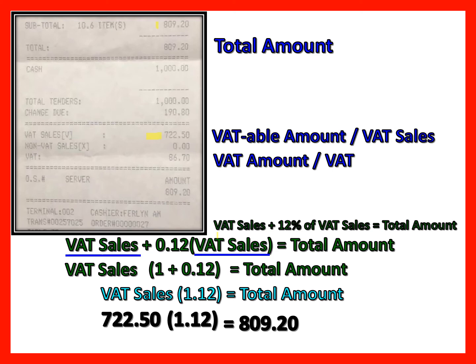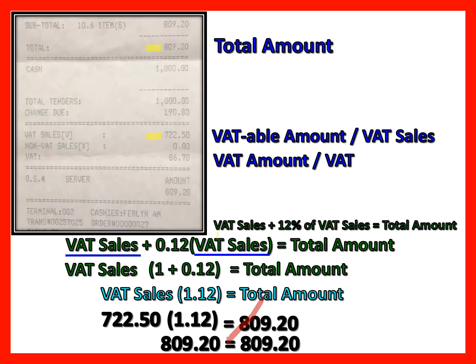This is the total amount. So what's next? We can now multiply these two terms. The 722 pesos and 50 centavos multiplied by 1 and 12 hundredths is 809 pesos and 20 centavos, and they are equal. So meaning to say, our computation is correct.